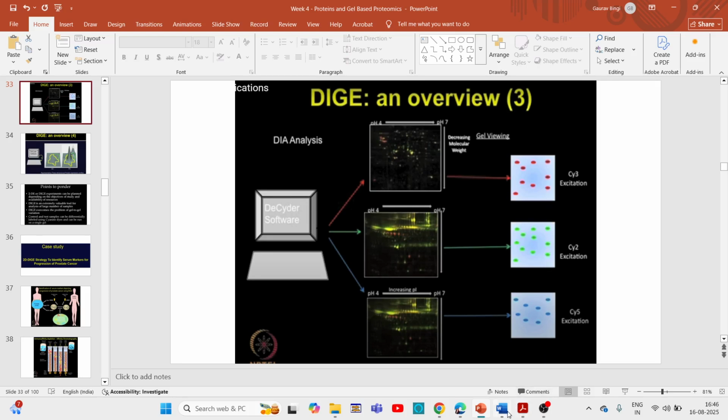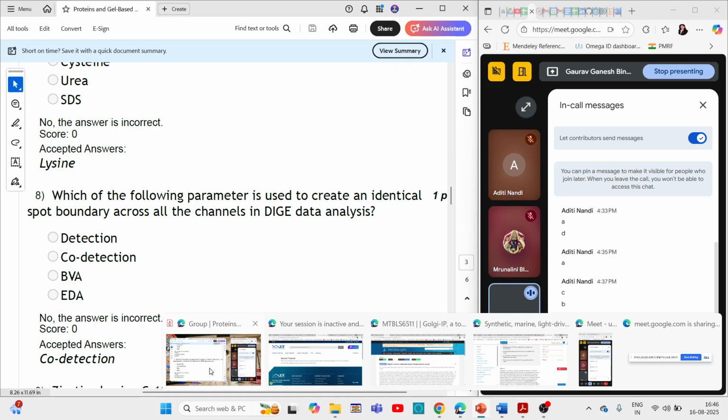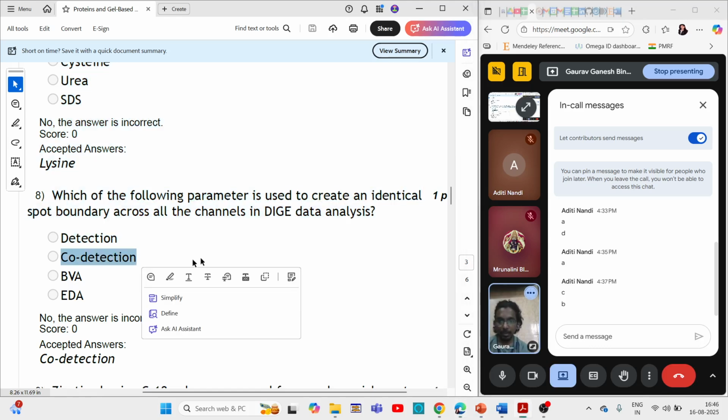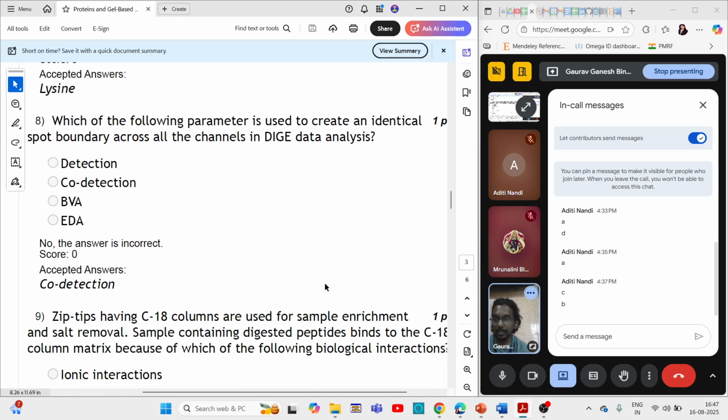So if you want to create an identical spot boundary, you can only do it via co-detection. That's what the question is. As the question says about creating a spot boundary, that's how you can create it.